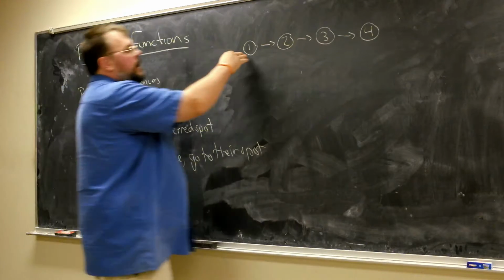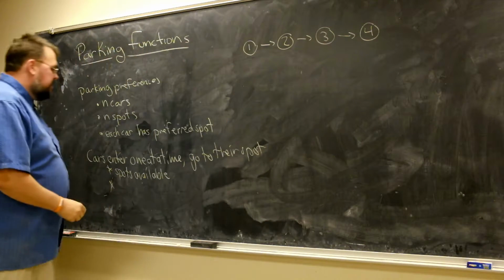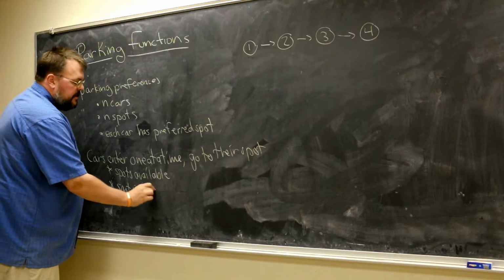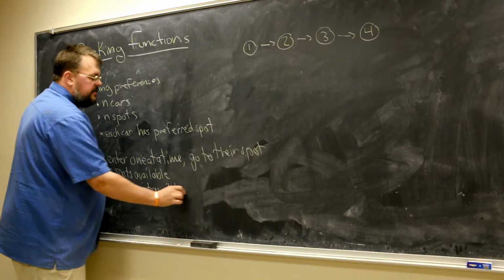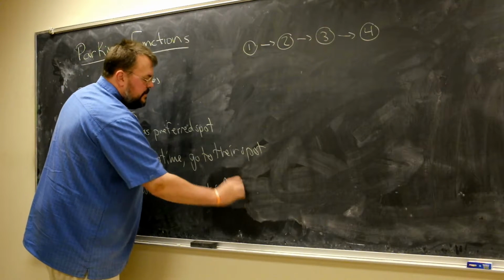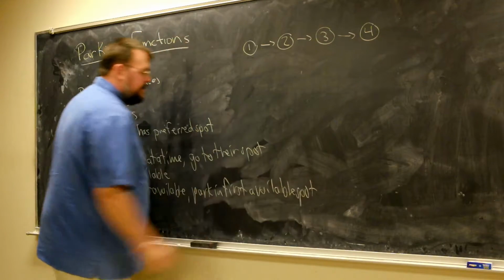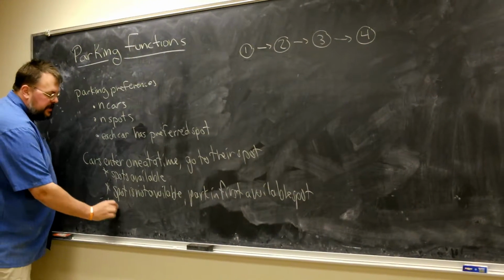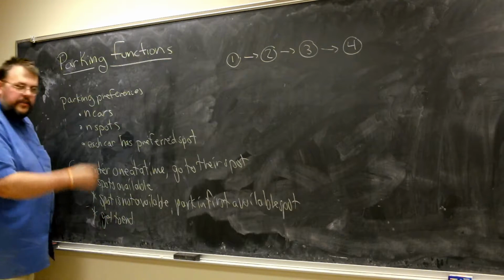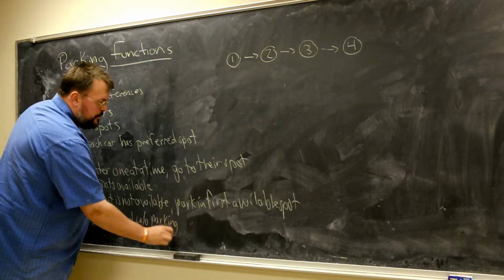I'm marking this by arrows to indicate 1, then 2, then 3, then 4. So the spot is not available, move toward the exit and park as soon as you can, in the first available spot. Now, you might say, what if you can't park? Absolutely right. If you get to the end without parking, you just exit and you give up. No shopping trip that day. That's the idea of parking preferences.